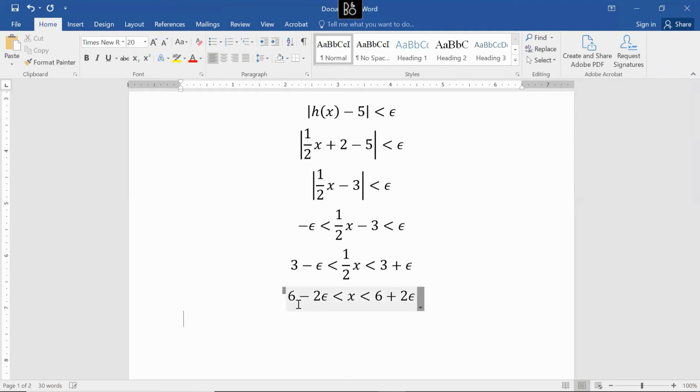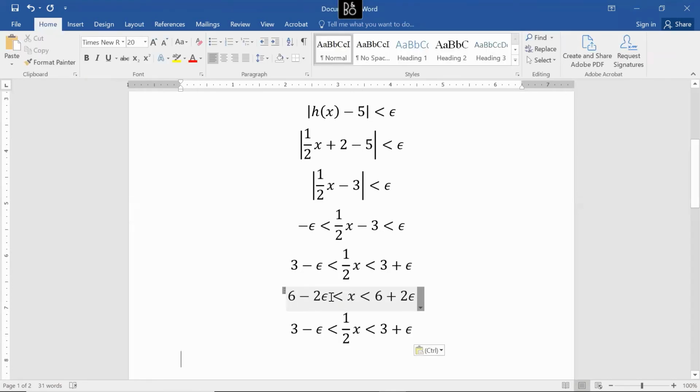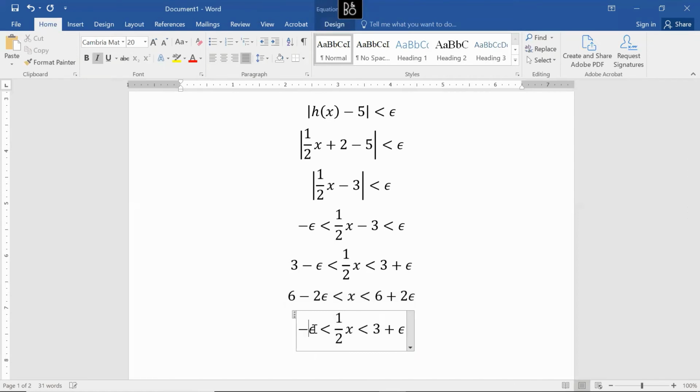Multiply the right-hand side by 2, I end up with 6 plus 2 epsilon. Subtract 6 from all 3 sides. You'd get negative 2 epsilon and 2 epsilon sandwiched between those two are x minus 6.